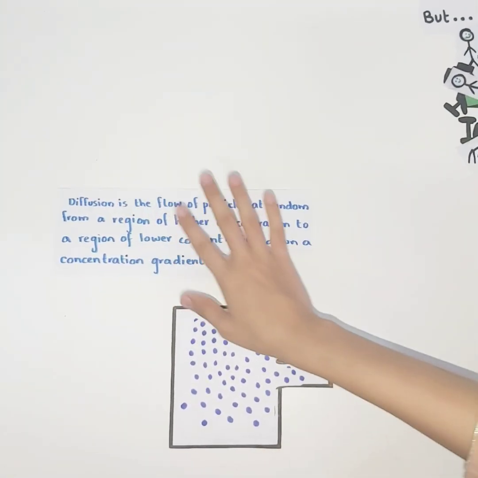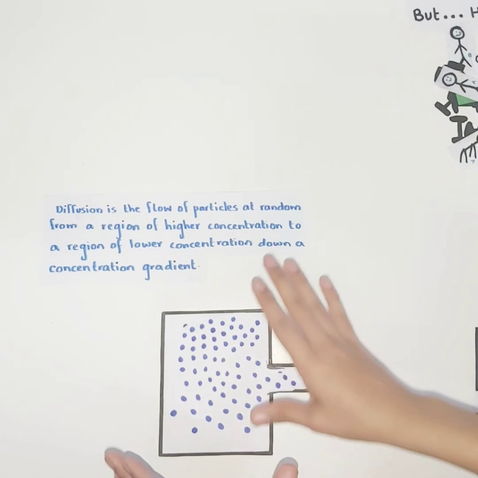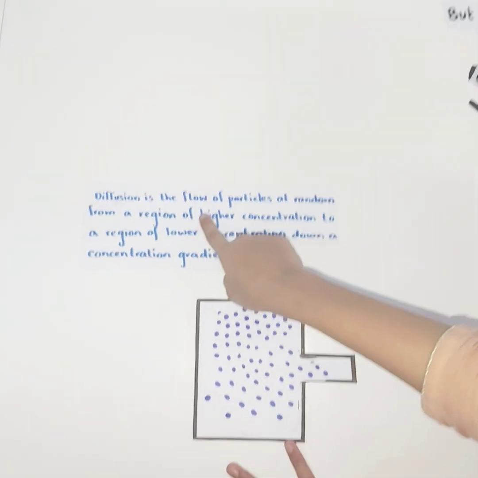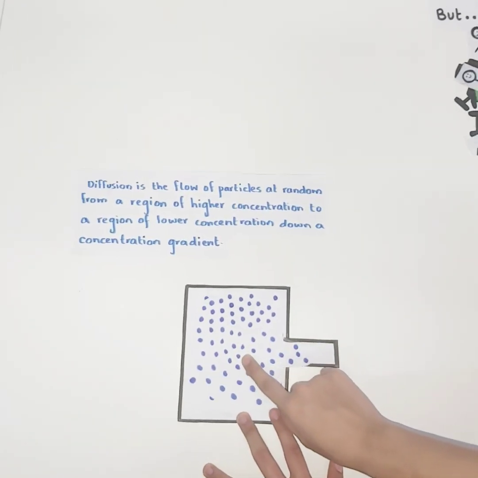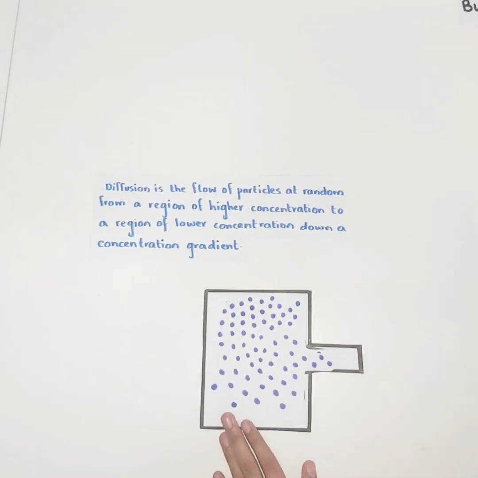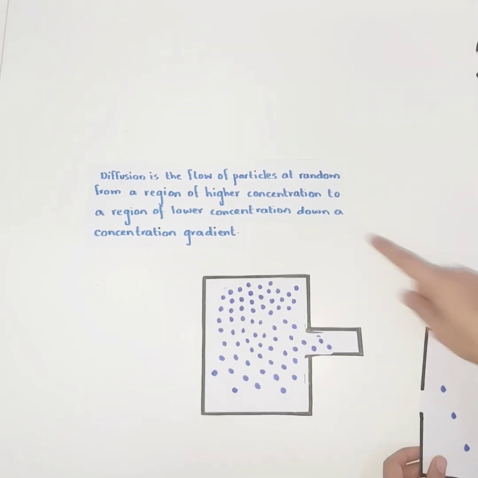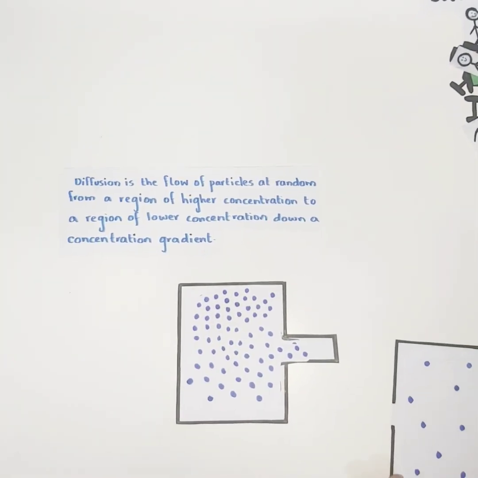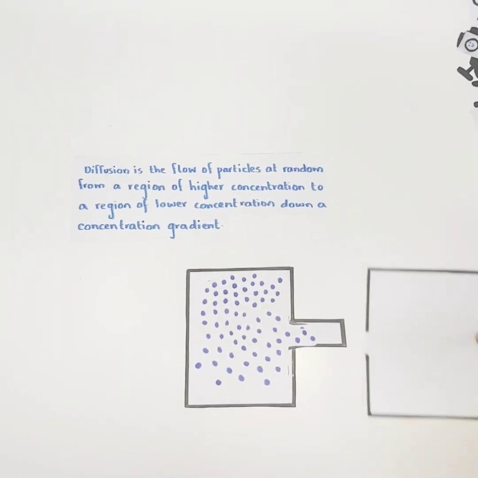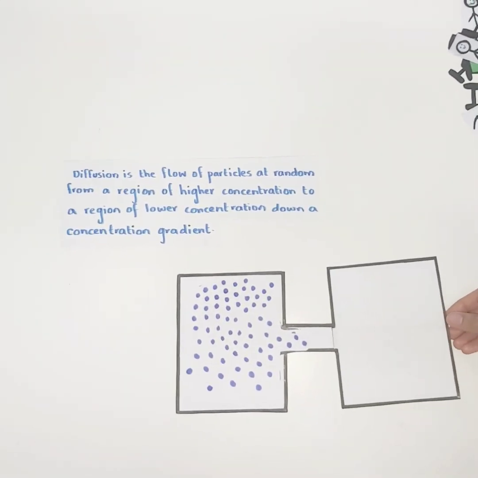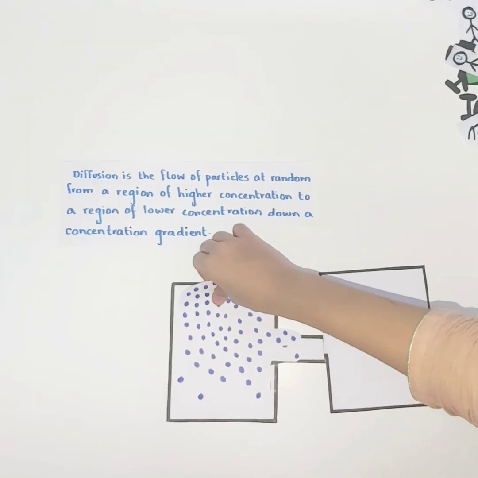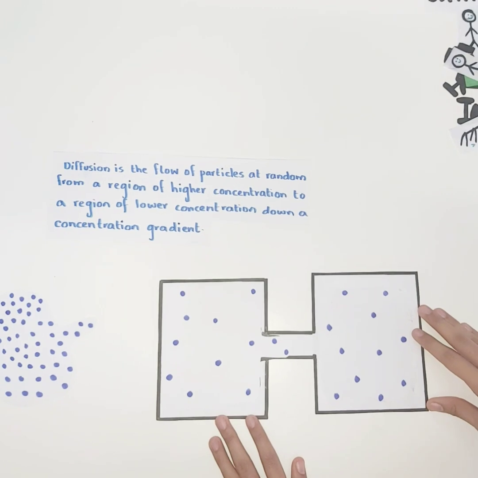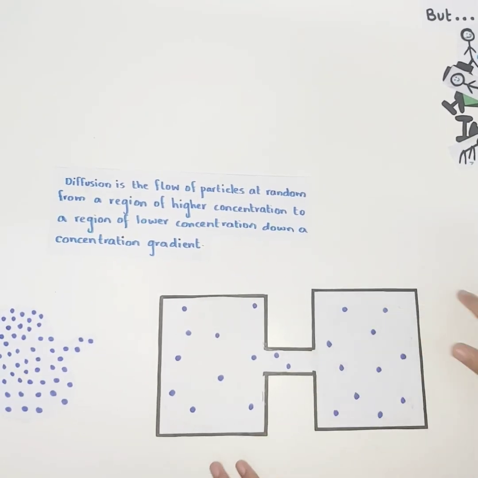So diffusion is a flow of particles. If the particles are flowing, we say they're diffusing at random from a region of higher concentration, this was at higher concentration, to a region of lower concentration, down a concentration gradient. So a gradient is also important. I gave it a gradient by adding an empty room, and then the molecules spread out evenly throughout the system.